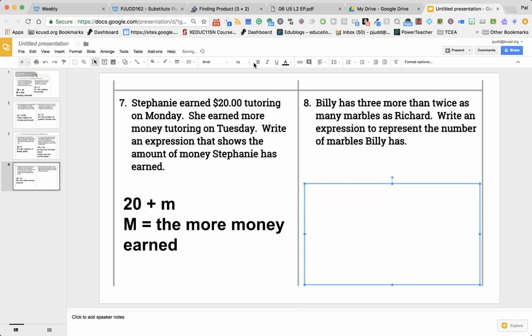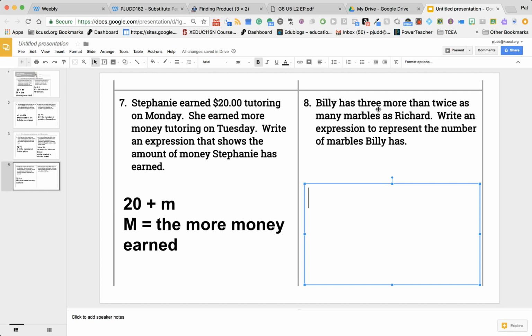Okay, looking at this one, Billy has 3 times more than twice as many marbles as Richard. Write an expression to represent the number of marbles Billy has. Well, the important information you're writing down is twice as many marbles, and then has 3 more.